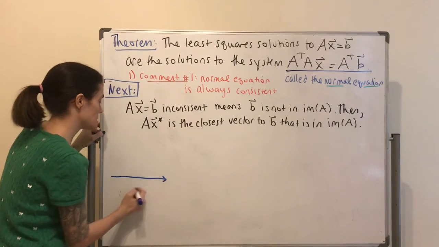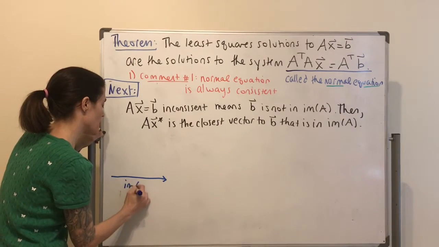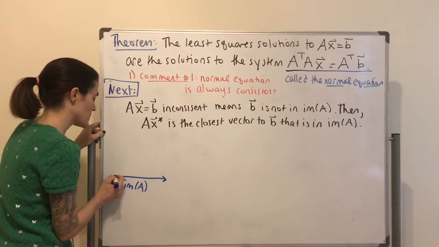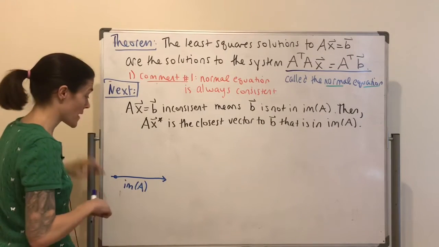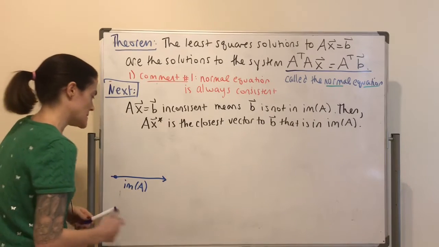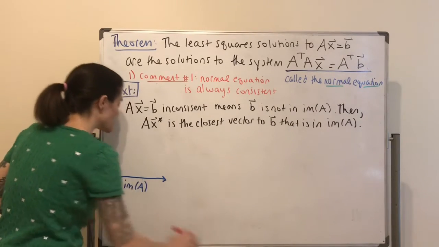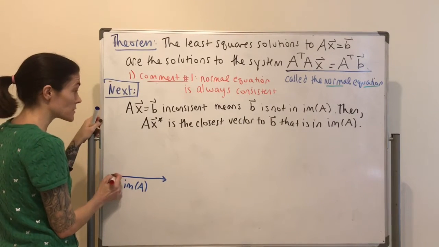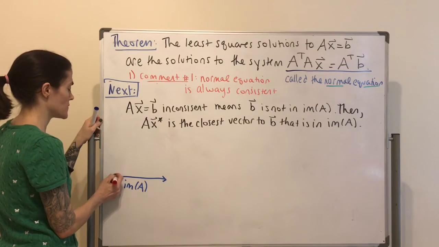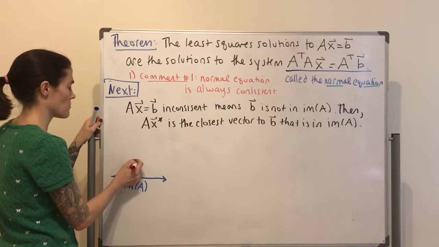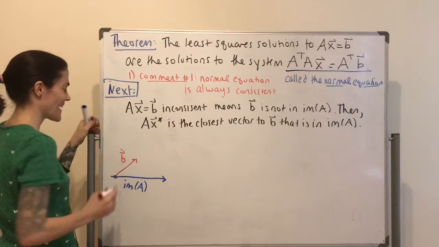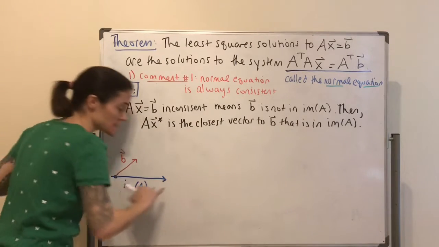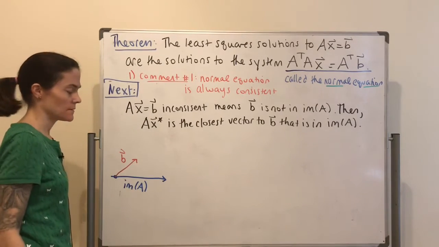Let's suppose this is the image of A. That means that I must have 0 somewhere. Very nice. This is a one-dimensional subspace in my picture. Then I have a vector that is not in the image of A. Here's b. How am I going to find the closest vector in this subspace to b?